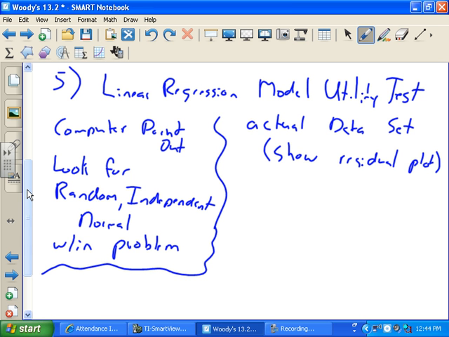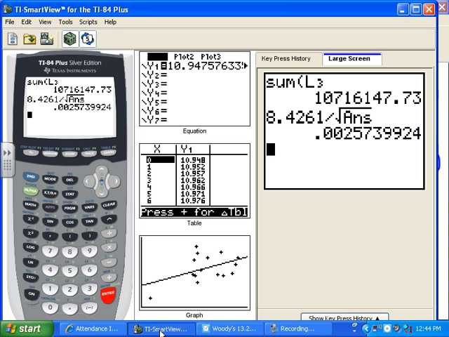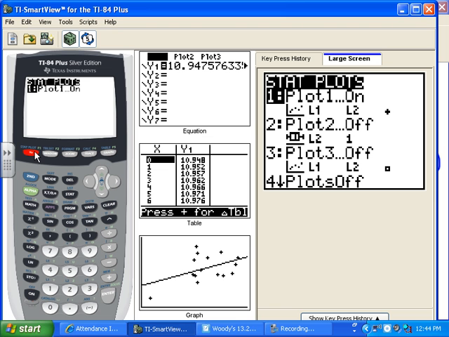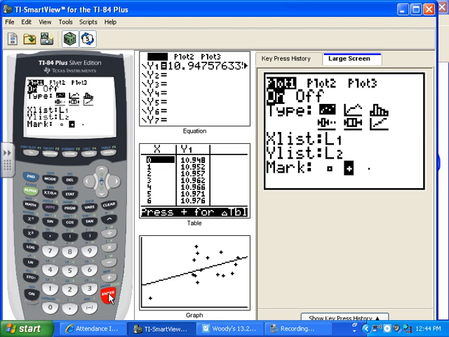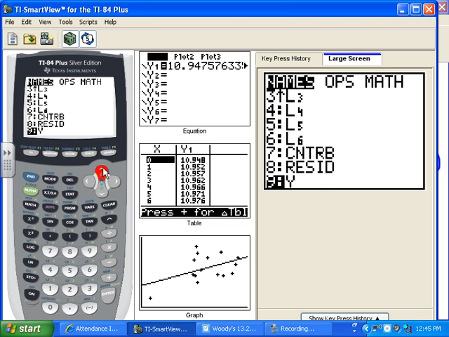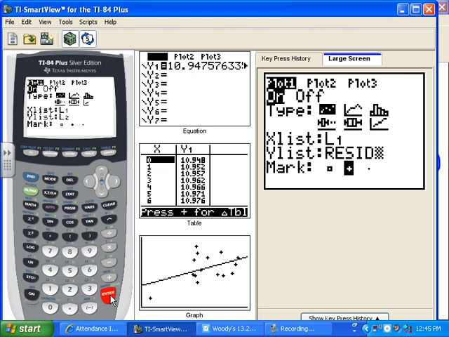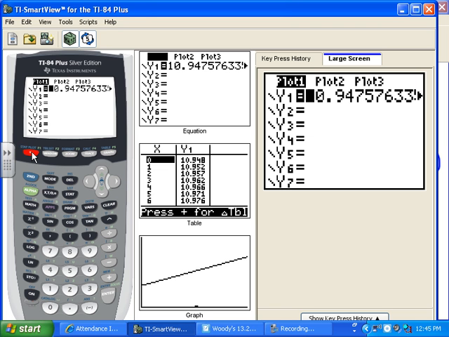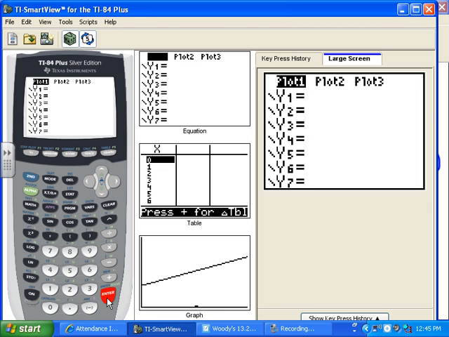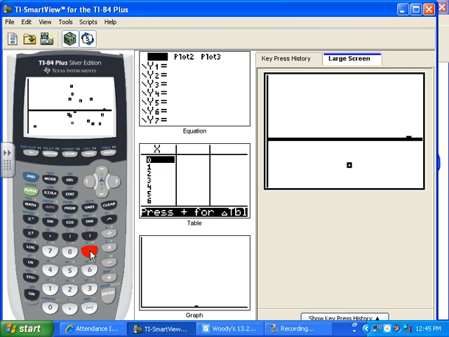So once again, we're looking for patterns in the residual plot. Some of you may have done it already, but I can put it up here. The residual plot for this data set: just change your y values to the residuals, and zoom stat that.